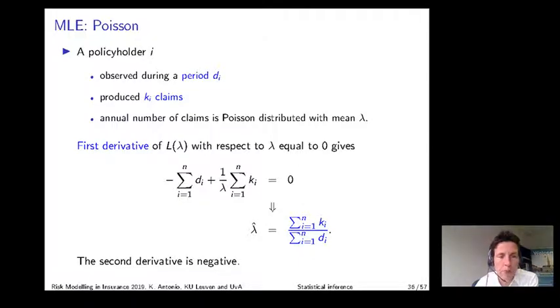That is the sum of all the di's. And as such, the MLE captures the average number of claims reported per unit of exposure in the portfolio. And that's a very intuitive meaning for this maximum likelihood estimate of lambda in the setting of a Poisson distribution.